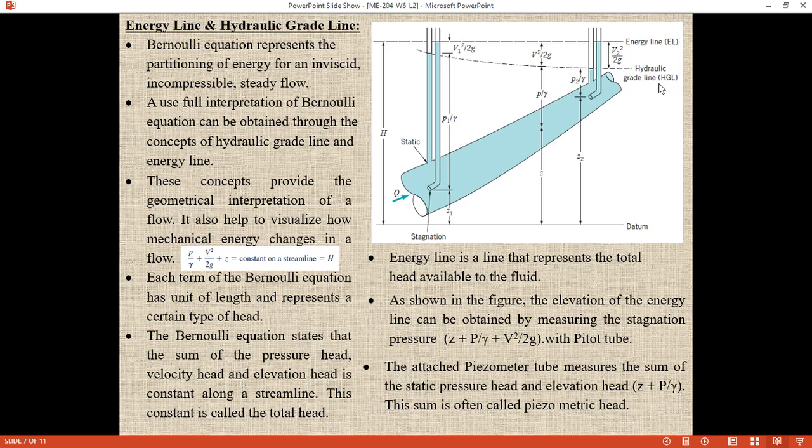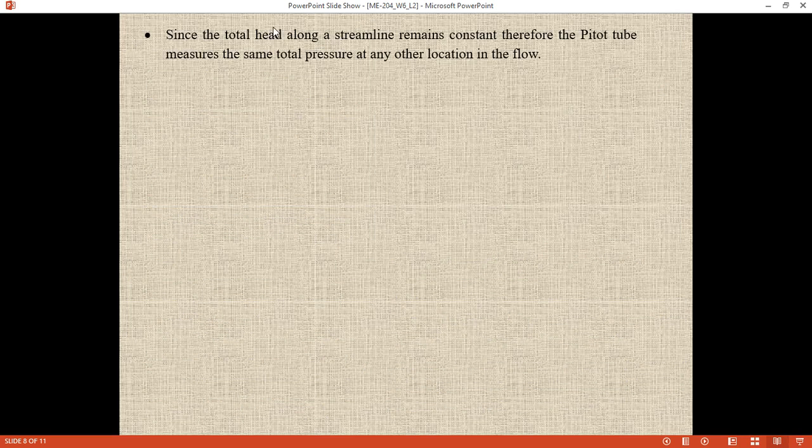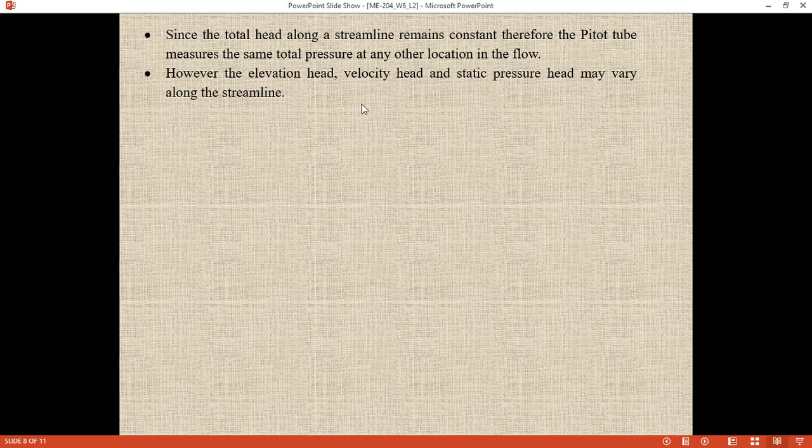Further, since the total head along a streamline remains constant, the pitot tube measures the same total pressure at any other location in the flow. However, the elevation head, velocity head, and static pressure head may vary along the streamline. These pressures may vary, but the total head will remain constant.